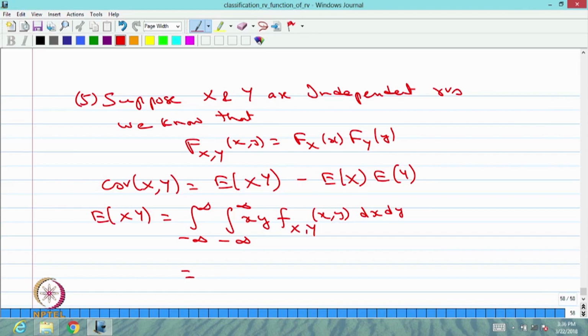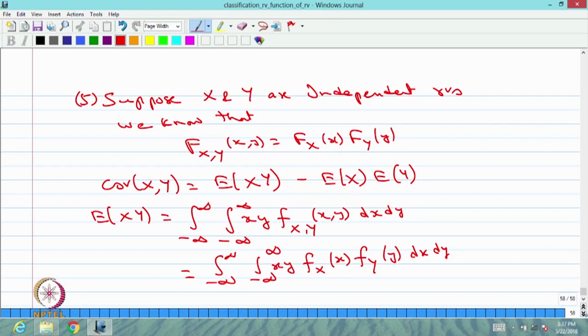Since these two random variables are independent, I can use this condition in the joint probability density function. Therefore, this is the double integral of x times y times the marginal probability density functions of x and y.